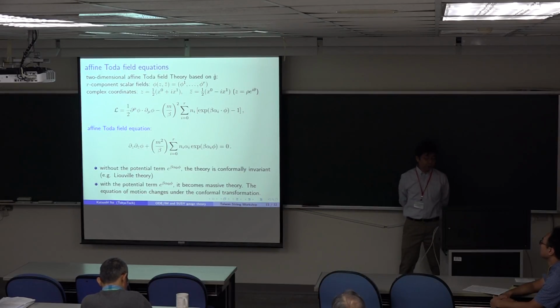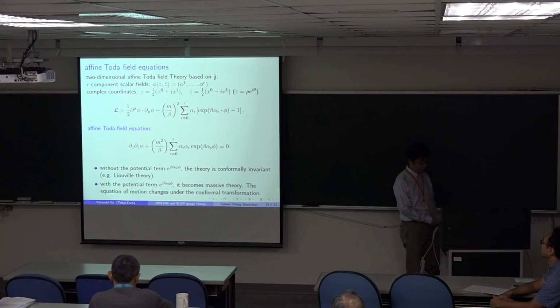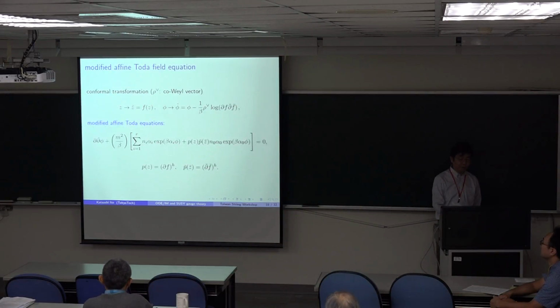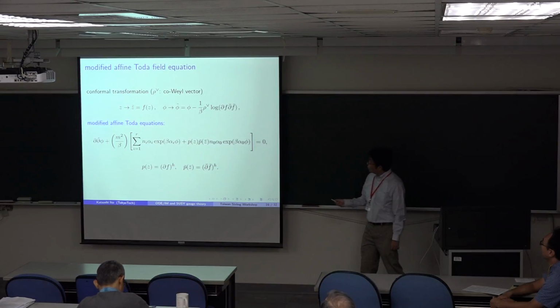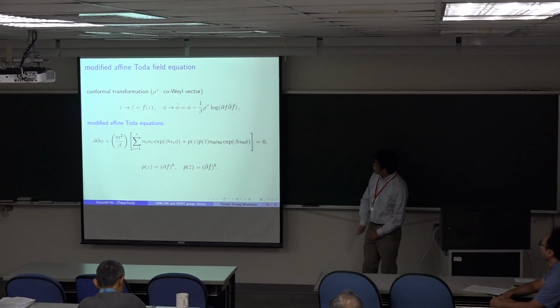So the equation of motion changes under the conformal transformation. But we do the conformal transformation and make it into some different equations. So we do the conformal transformation and also shift the scalar field by this amount.